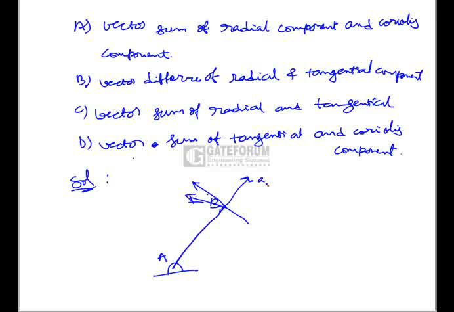Here this is the radial component of acceleration, and this is the tangential component of acceleration. So here the sum gives the total acceleration of B with respect to A. So the acceleration of B is equal to the vector sum of radial and tangential components. So the correct answer is C. C is the right answer.